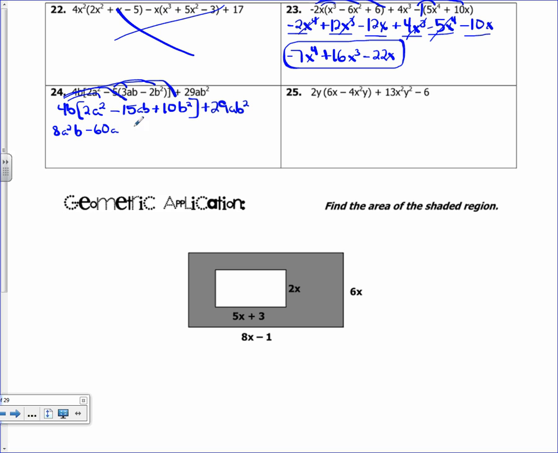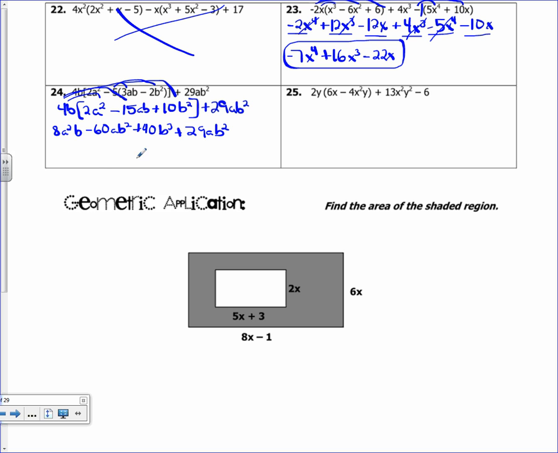We add the b's to make b squared. 4 times 10 makes 40. And there's going to be a total of 3 b's there. Now the square brackets are gone because we distributed inside them. And that plus 29ab squared is still out there.